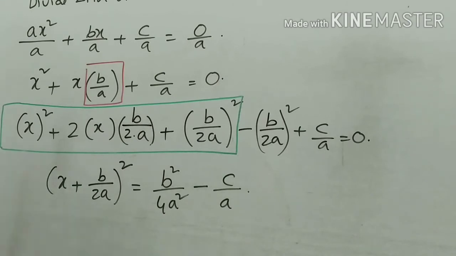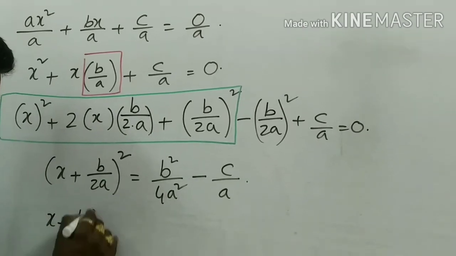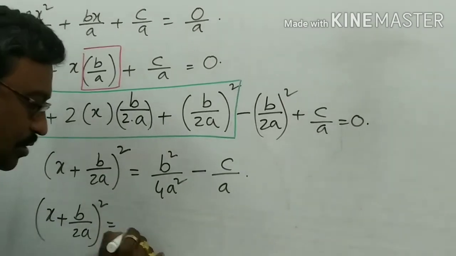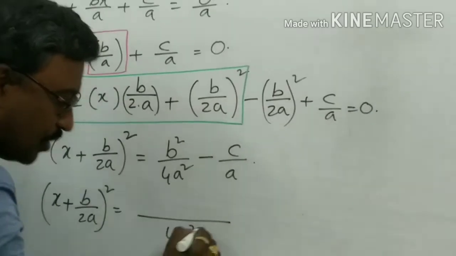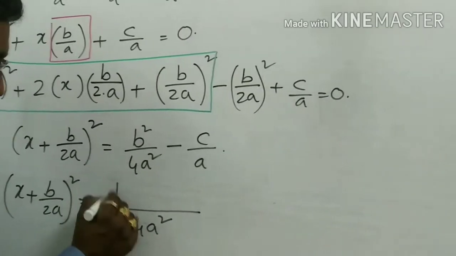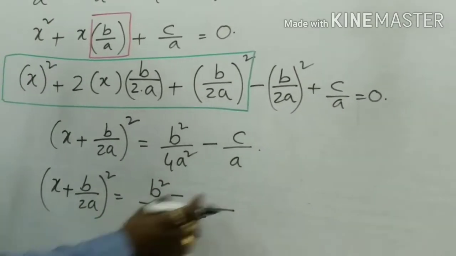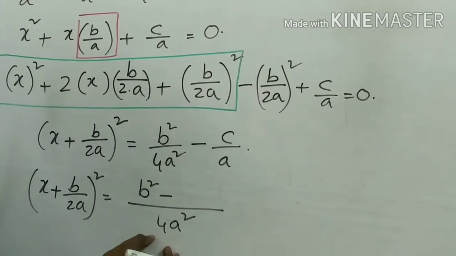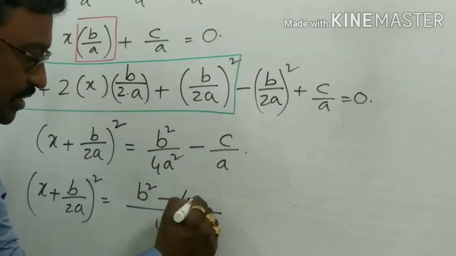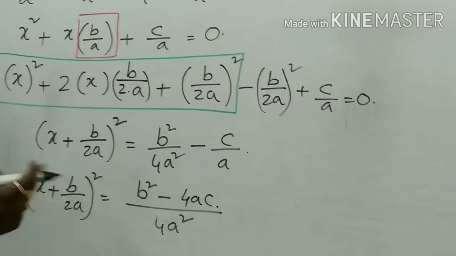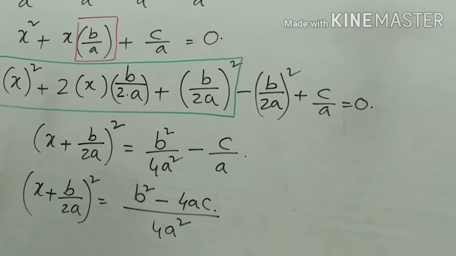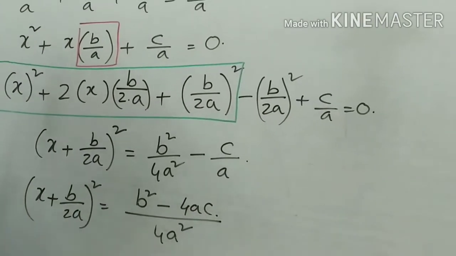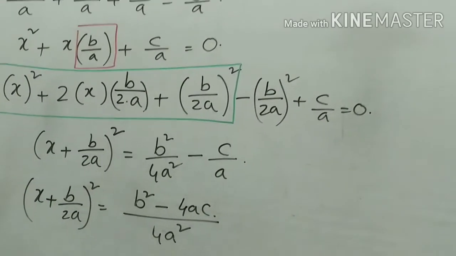Now two fractions are there, so I will take the LCM, which is 4a². Then (x + b/2a)² = (b² − 4ac)/4a². Now the square comes to the other side and becomes a square root.